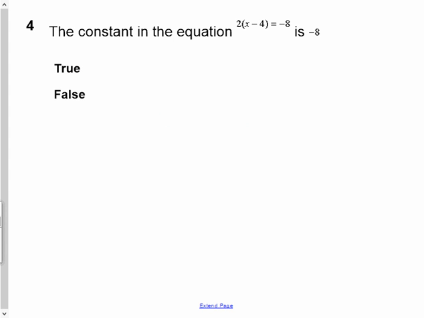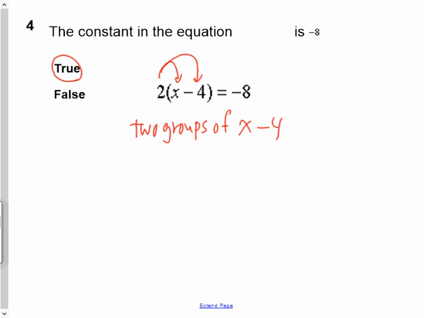In question 4, the constant in the equation 2 groups of x minus 4 equals -8 is -8. The answer for this is true, and there's 2 ways you could have done it. You could have taken your equation, and you could have expanded it using distributive property. So remember that this says 2 groups of x minus 4.